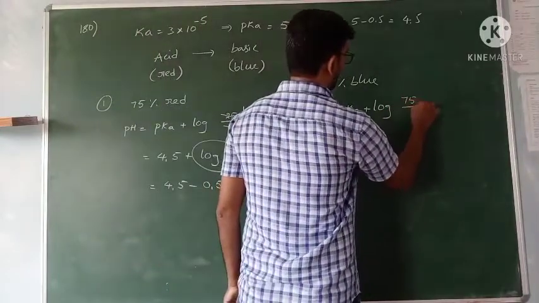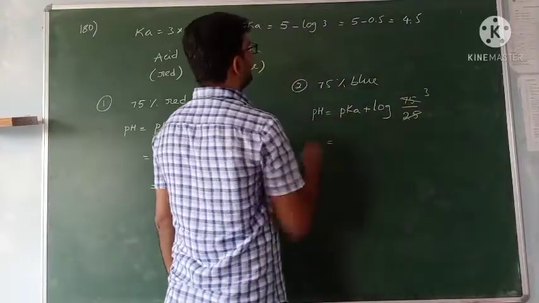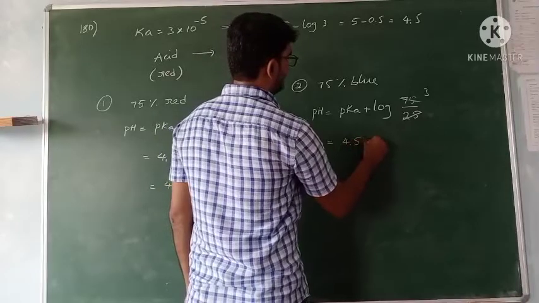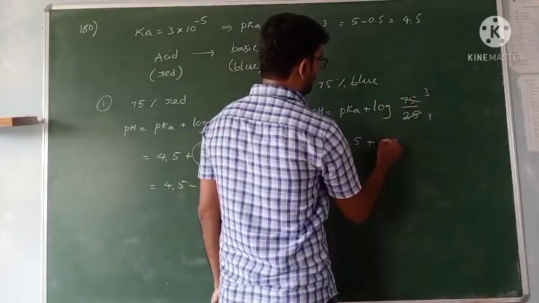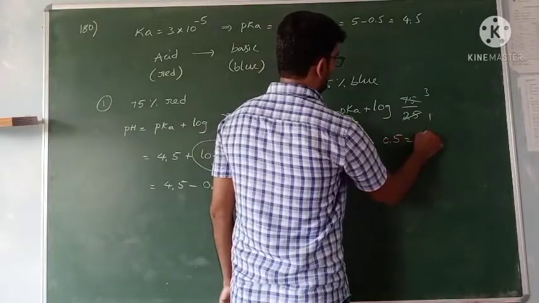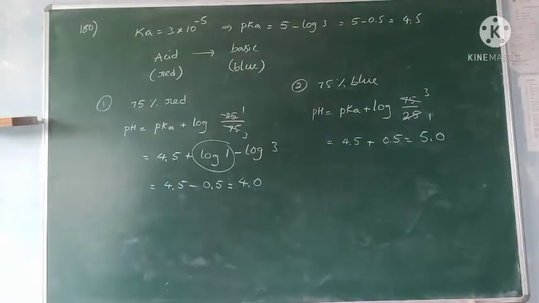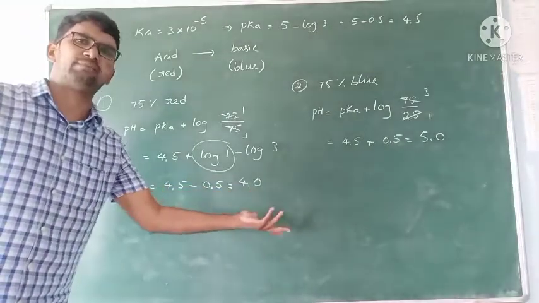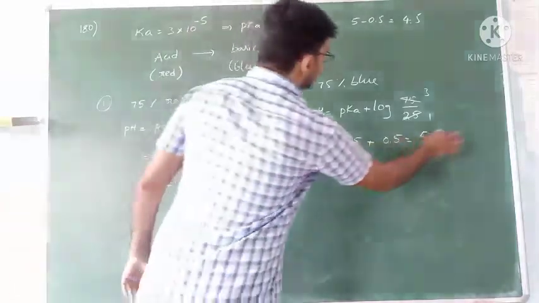Then reactant 25. 25 ones and 25 threes. Actually pKa value is 4.5 plus log 3 by 1 means log 3. Log 3 value is 0.5. This is 5.0. Okay, let's check the second option. Second option is also correct. Actually this is 4.05 is given, nothing but approximately equal to 4. This is correct and this is also correct.